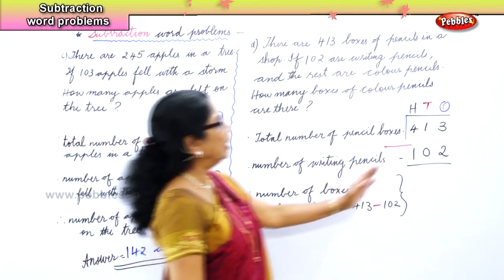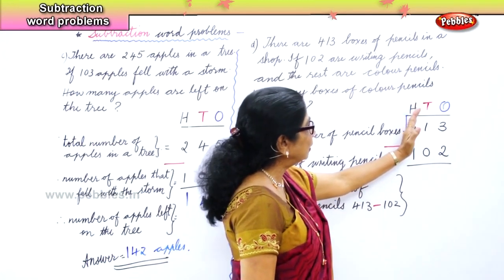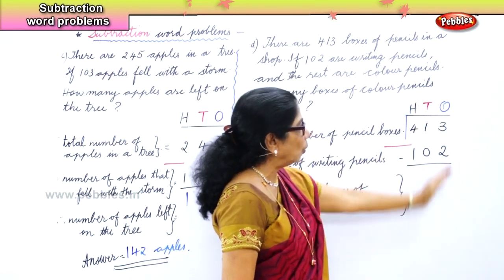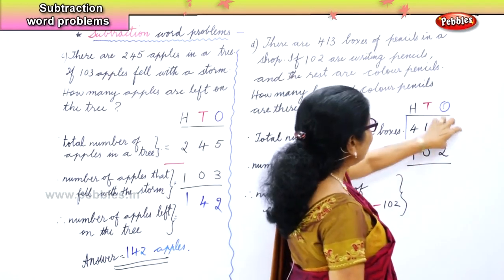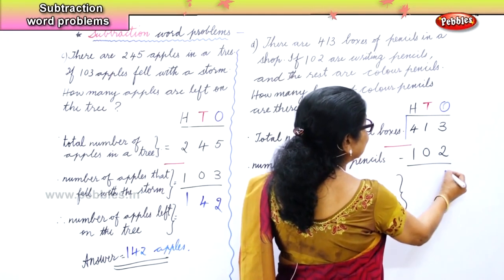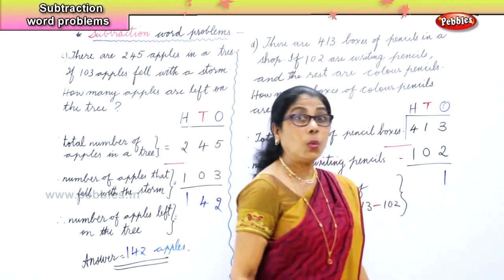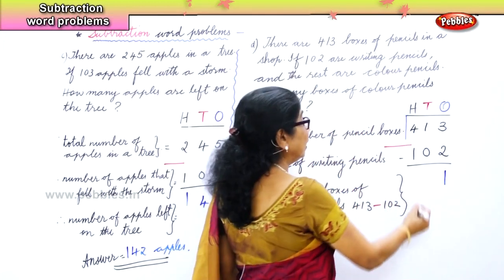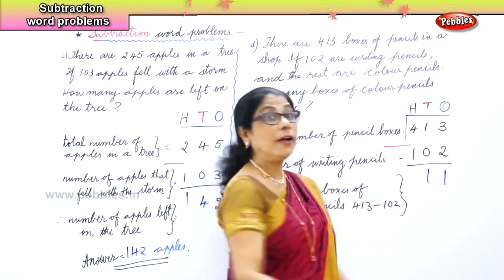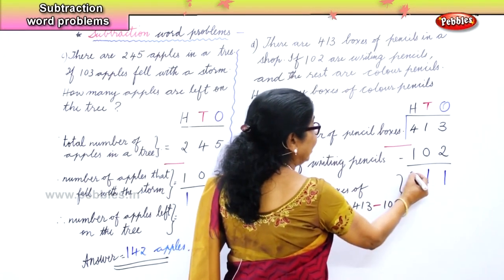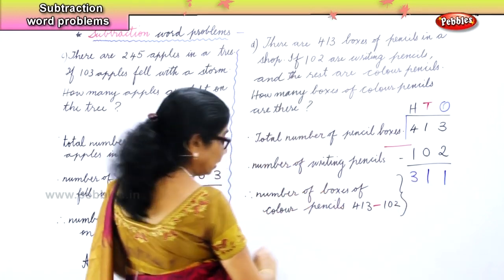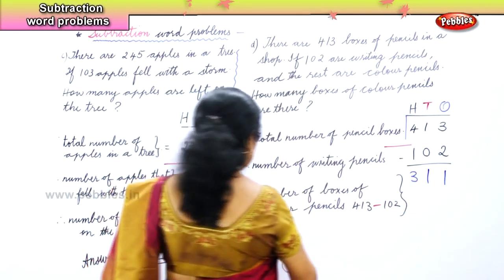Okay. Now, hundreds, tens, ones. Now, first we minus from the ones. 3 ones take away 2 ones, answer 1. 1 take away 0 is 1 itself. 400 take away 100 is 3. So your answer is, what is your answer?